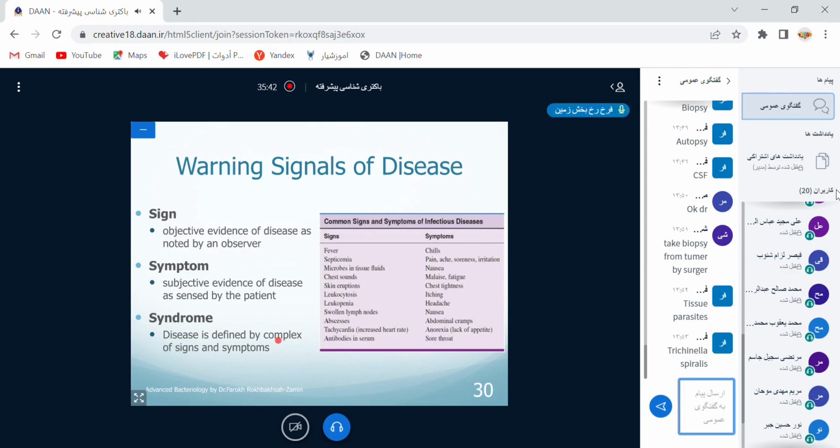agent responsible for the disease. Because if we know the causative agent of a disease, the drug can very simply be found on the internet. So all of us, in a few seconds, can check on the internet which drug is suitable for interrupting and killing the bacteria causing any disease.